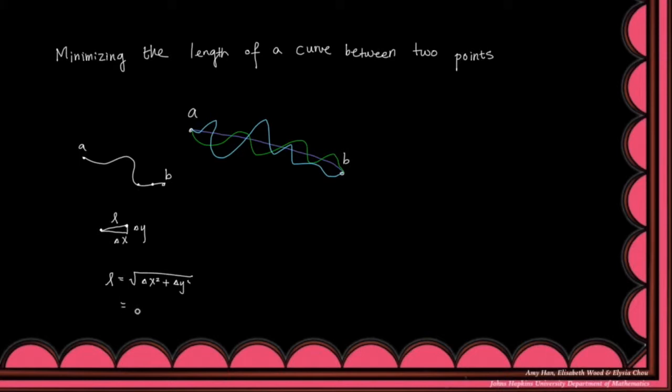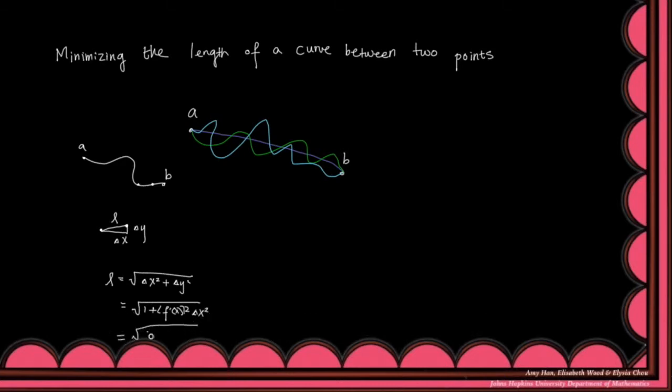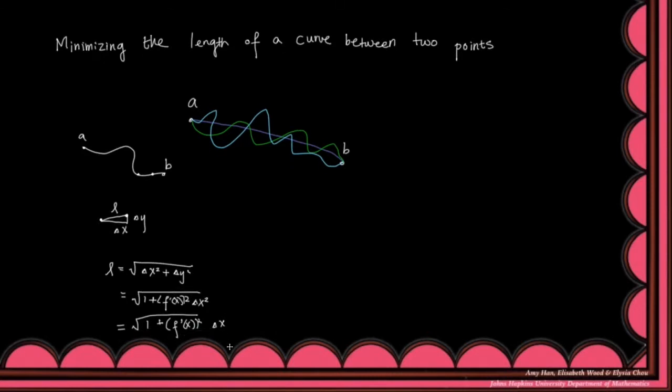So by manipulating this equation, using the mean value theorem, we get the following equation for the length of any small segment of our function. So this is the equation of the length of any small segment.